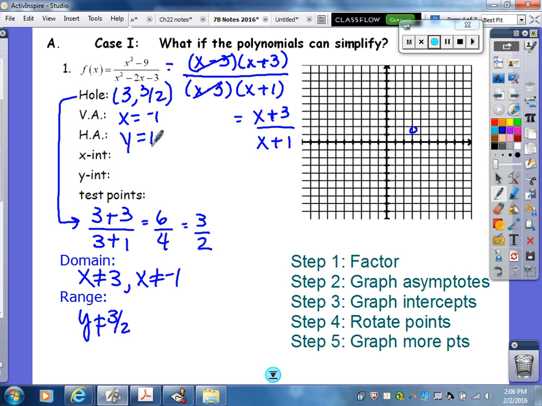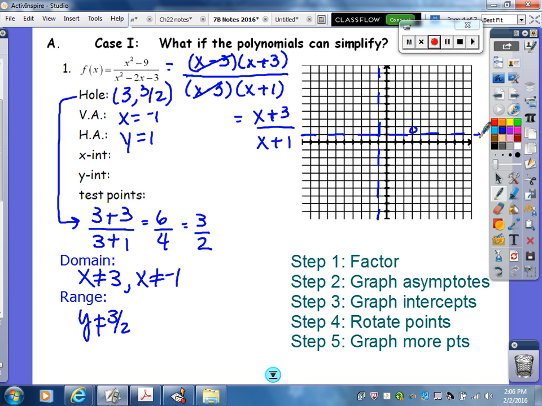Let's graph x equals -1. So we dot it in because it's an asymptote. And y equals 1. All right, some things I know about this graph.